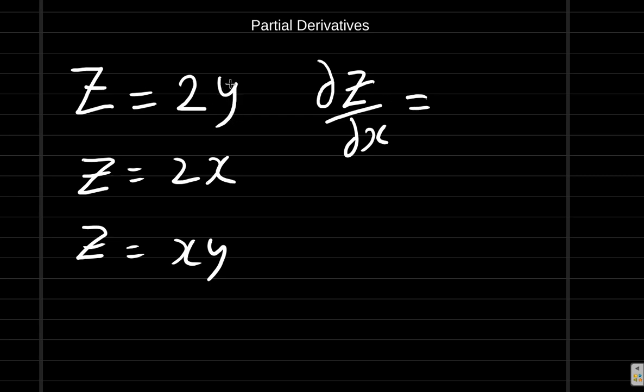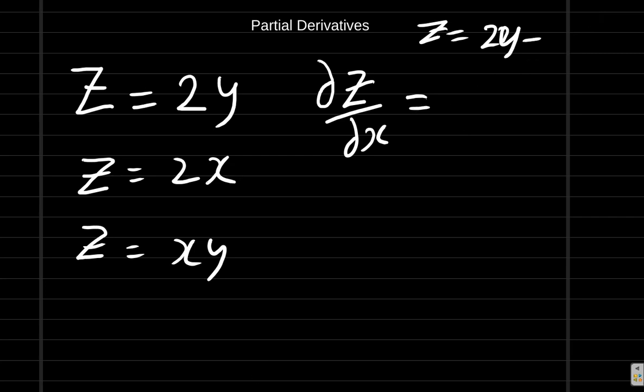Well, in this case, even though you see y, the letter y, you're treating it as if it's just a number. So this would be like you have z equals 2y times x to the 0.